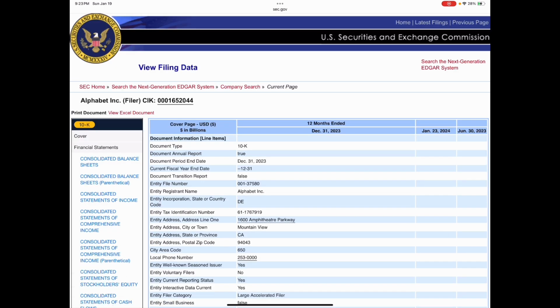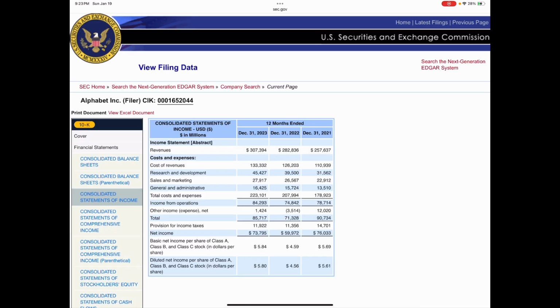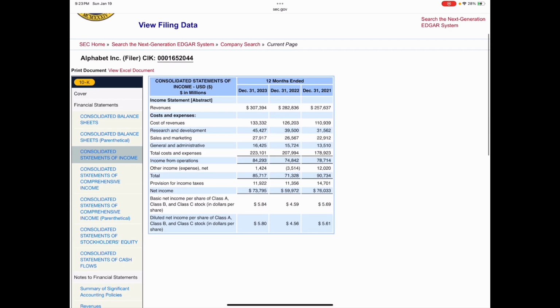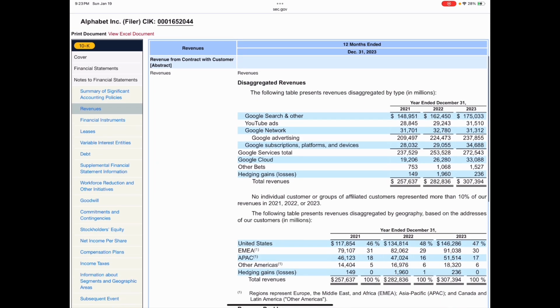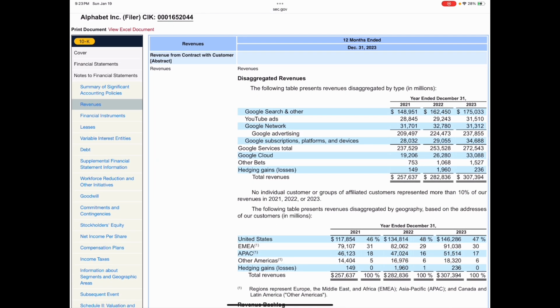So in the income statement, we have the top line revenue. But if we want to learn the details of revenue, we can go to the notes to the revenue. In the notes, Google breaks down its total revenue into different segments or different sources. So that's an example of the notes to the financial statements.